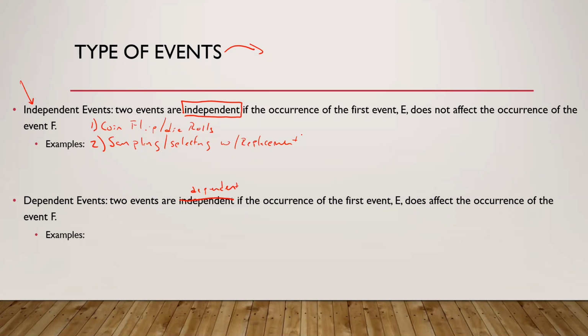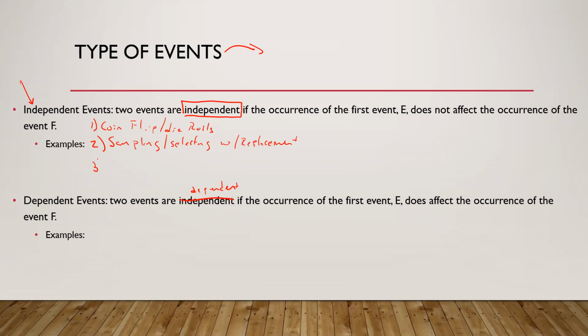So suppose I want you to figure out the probability you get 2 queens in a row. All right, so you shuffle up the deck. What's the probability you get the first queen from the deck? 4 out of 52. Yep. If you put that queen back in the deck of cards, what's the probability you then draw another queen? 4 out of 52. Yeah. So it's when you sample or select, but you put the object back, that's independent.